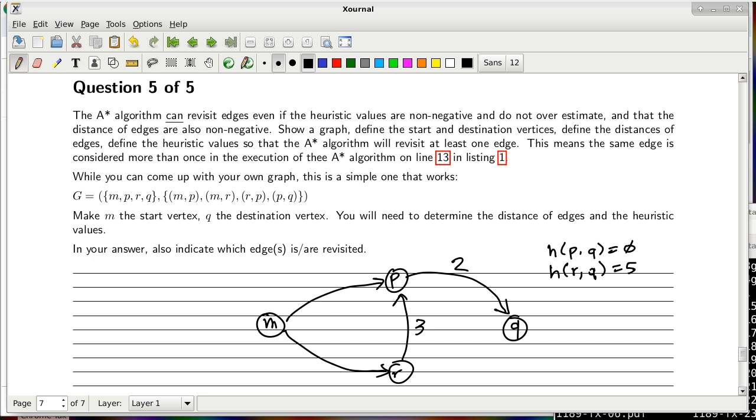We want it to be actually the longer path. So that means the length of MPQ has to be greater than the length of MRQ. Are we doing okay so far with the analysis of how to reconstruct an example to make this work?